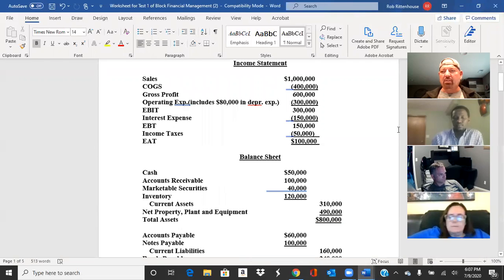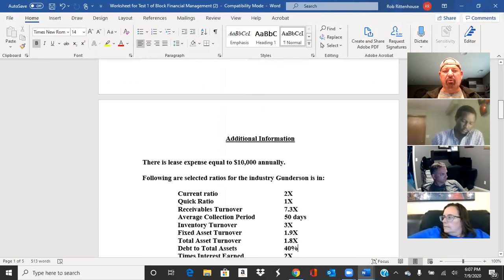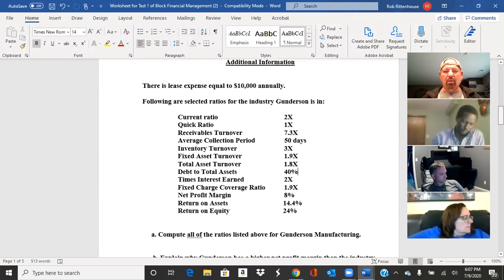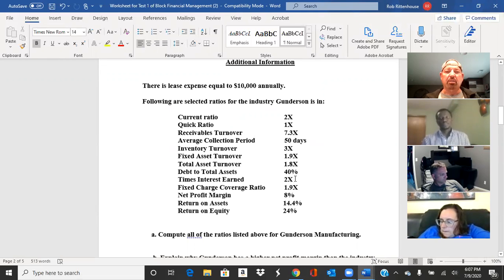And if we go back to see what the industry average was, theirs was also 2 times. So even though we do have more debt as a percent of assets than the industry, we're still covering it equally as well as the industry in terms of the times interest earned ratio, because our operating profit is double our interest expense, and the same is true for the industry.